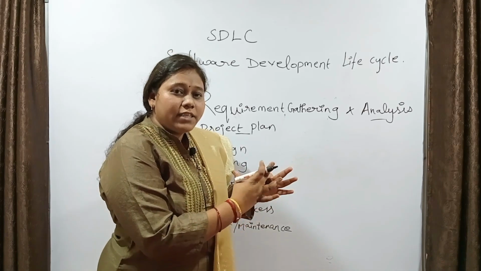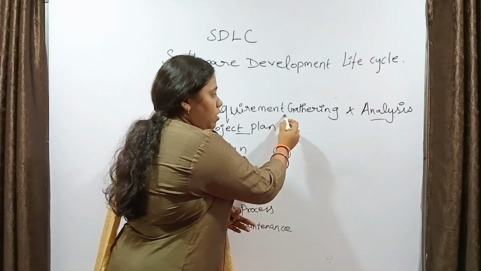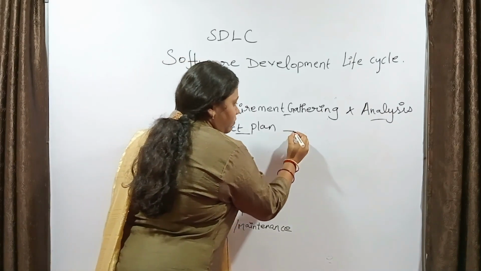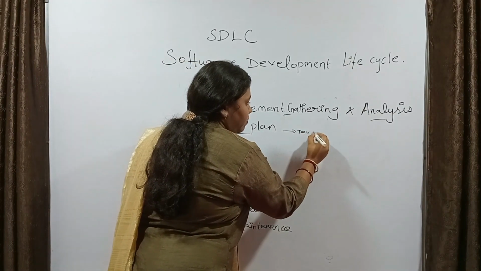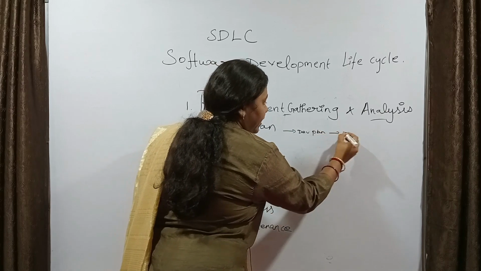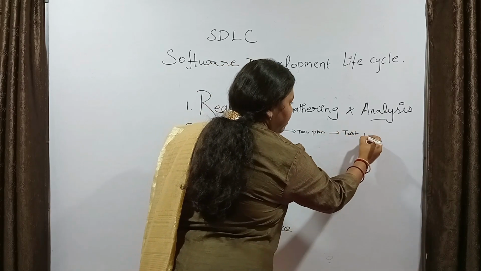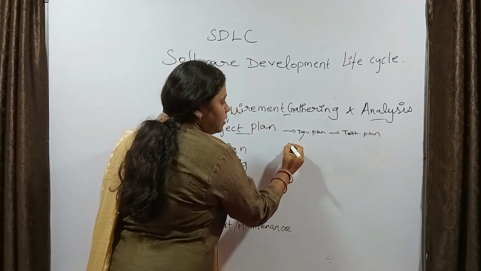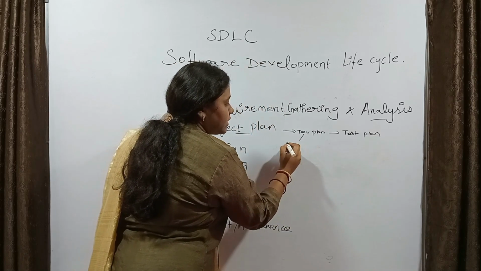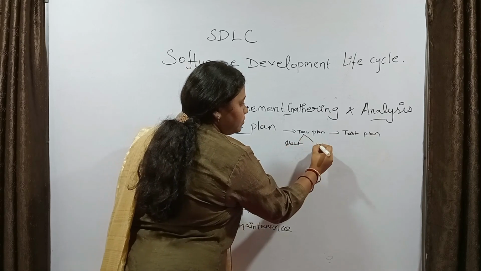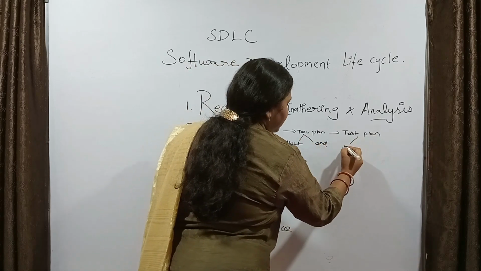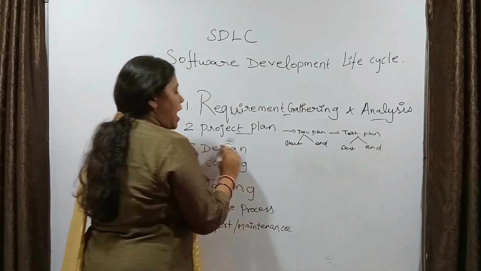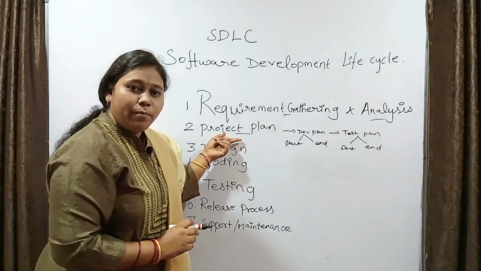After collecting all the requirements, we do the planning: development team planning, project planning, test planning, testing team planning, everything. When I should start developing my application, the start date, when I should end. For testing, when I should start and when I should end. Like this, we do everything in project planning.